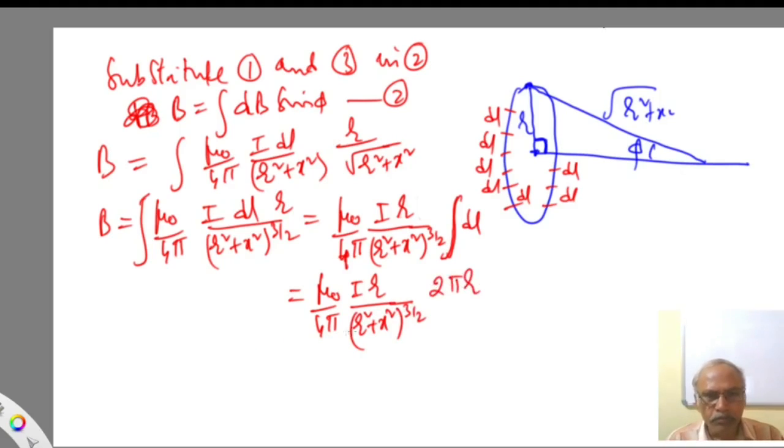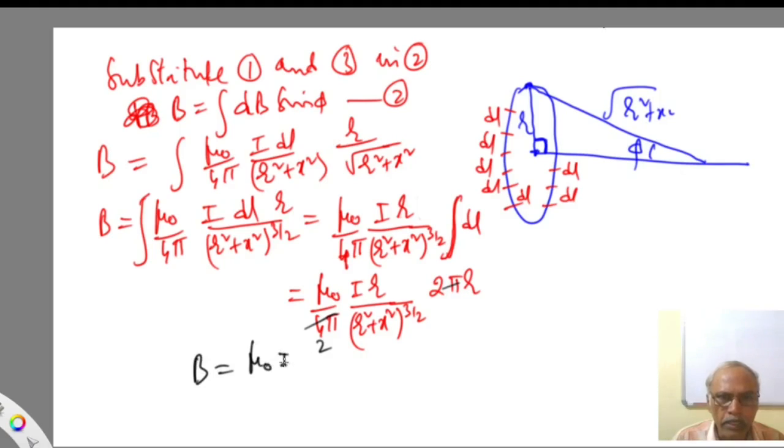On simplifying this, 2 pi will go 2 times in the 4 pi. And you will get mu naught I r square by 2 into r square plus x square power 3 by 2.